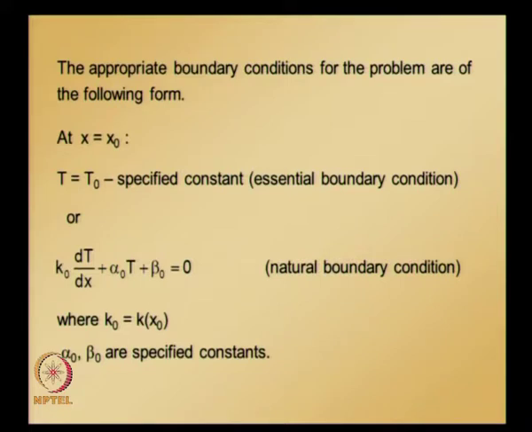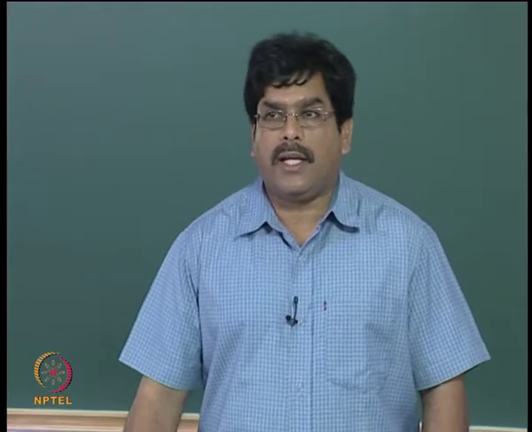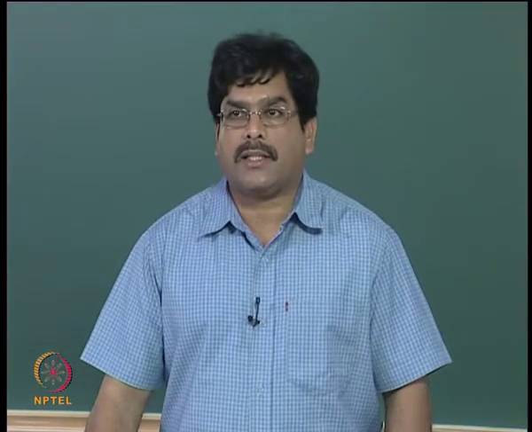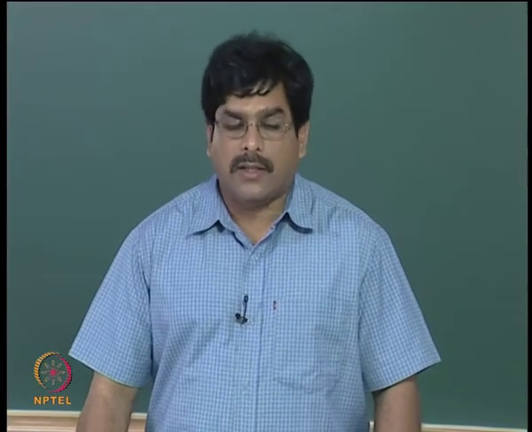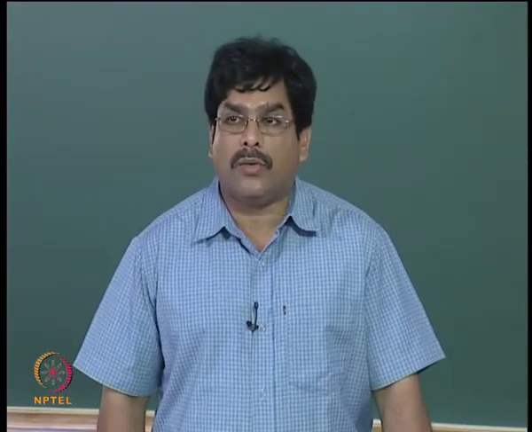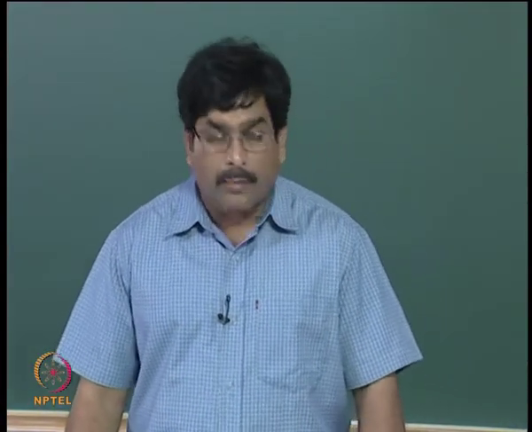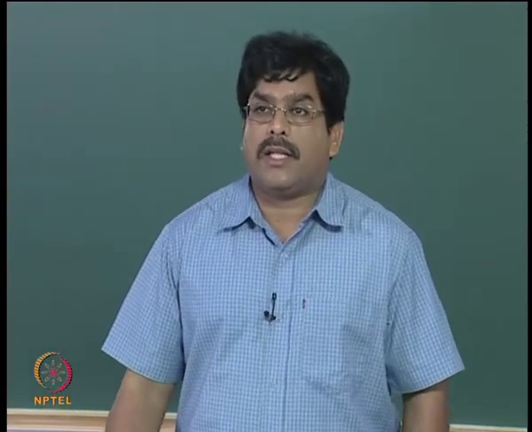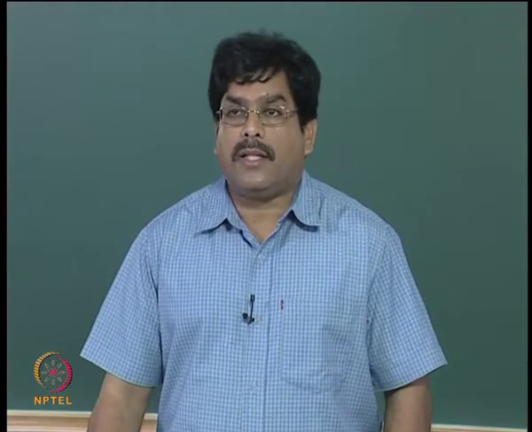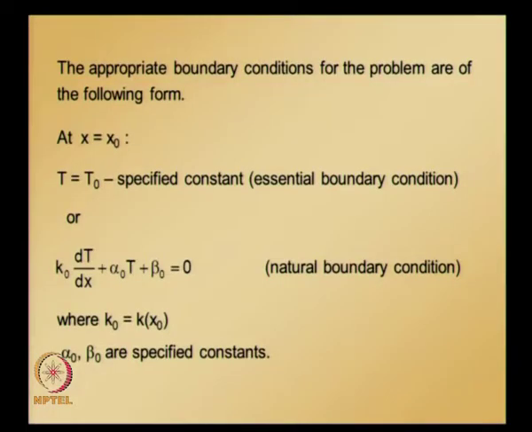Using the thumb rule that we looked at in the earlier classes, you can easily check that the second boundary condition is natural boundary condition. Here k naught is the known coefficient k evaluated at x is equal to x naught, and alpha naught, beta naught are some specified constants. Either of these boundary conditions can be specified at x is equal to x naught.